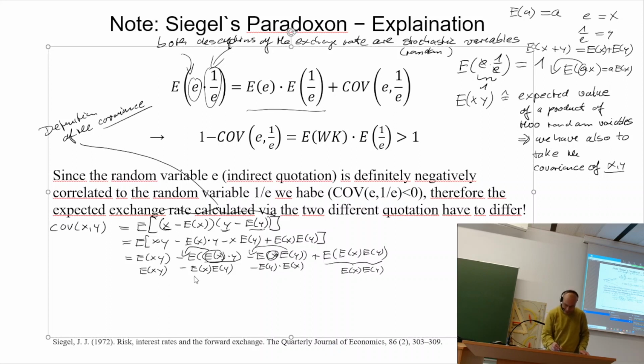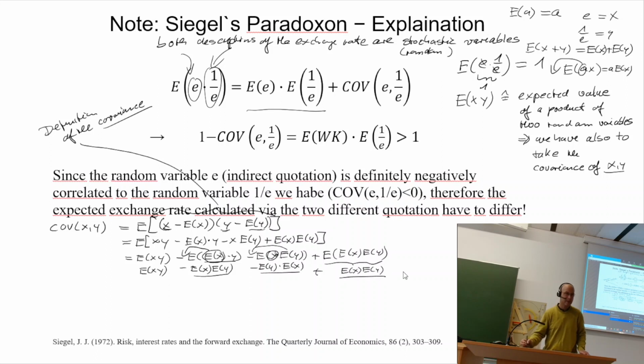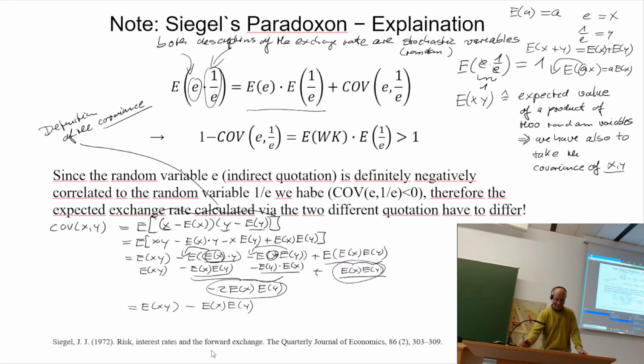And then we see this and this is the same. And this is also the same. So this is 2 times E of x times E of y minus. And if we take then this minus 2 plus 1 equals then E of x times y minus E of x times E of y.